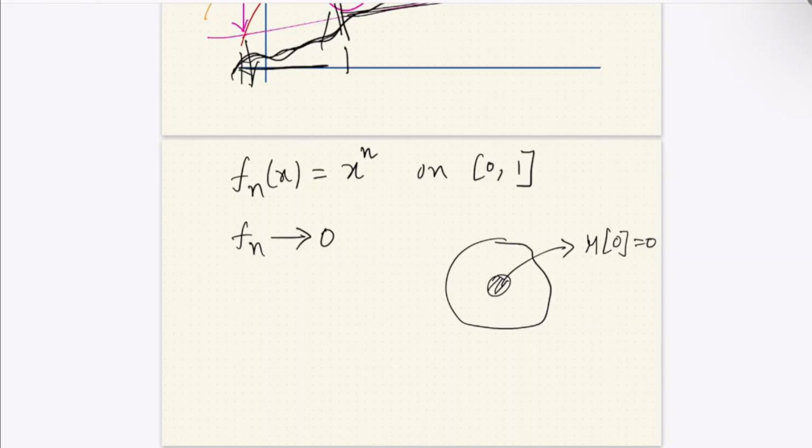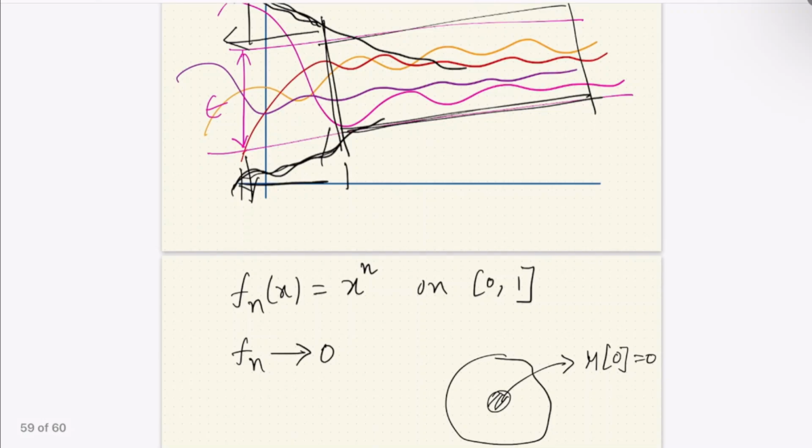Now we try taking different epsilons, and look at whether the measure goes to zero as n goes to infinity.